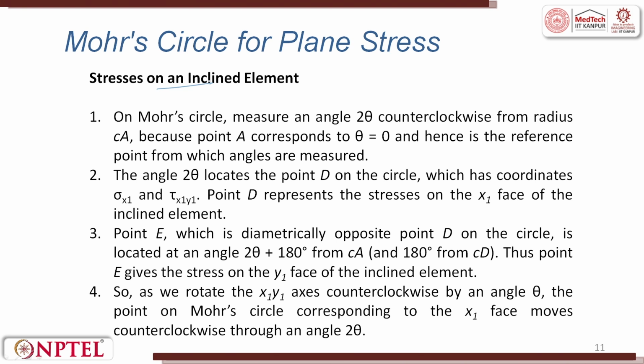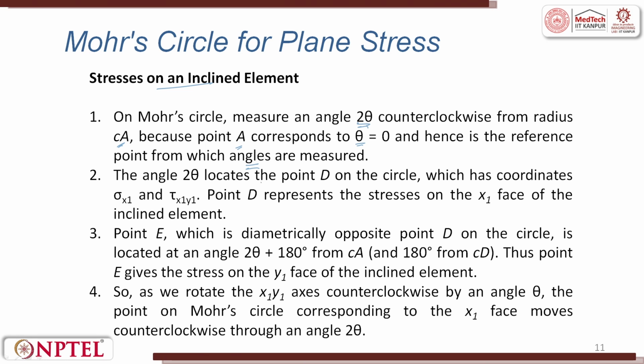On Mohr circle, measure an angle 2 theta counterclockwise from the radius CA, because A corresponds to theta equal to 0 and hence is the reference point from which angles are measured. The 2 theta locates the point D on the circle. We will get to that when we try to draw the inclined plane.